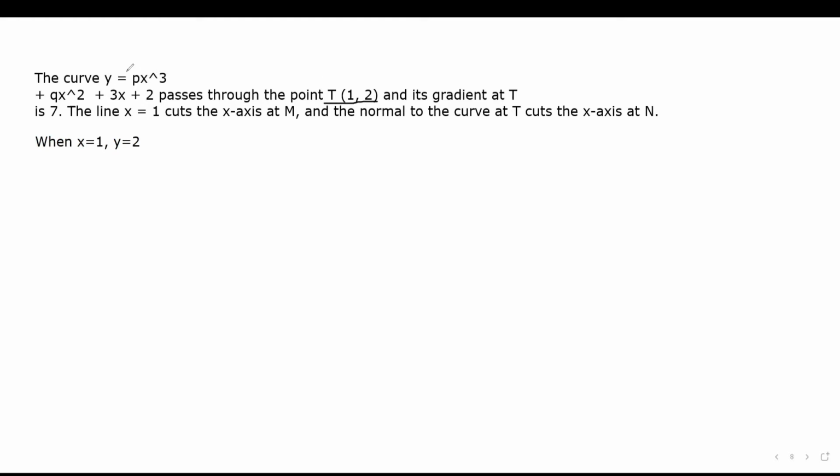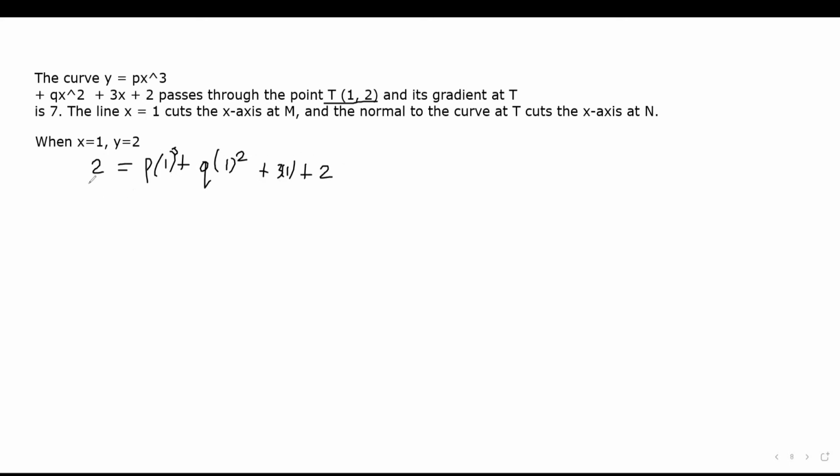So we can plug that into the curve now. When x is 1, y is 2, we get 2 equals p times 1 cubed plus q times 1 squared plus 3 times 1 plus 2. Right, Marika? You cool with this?